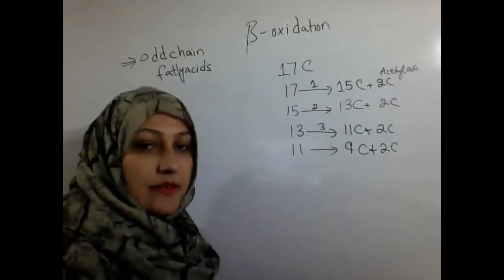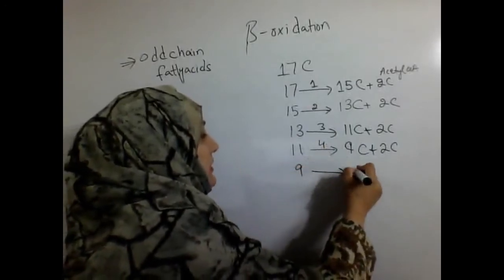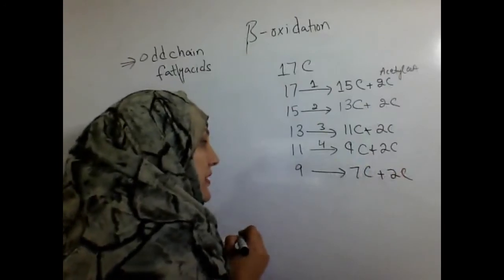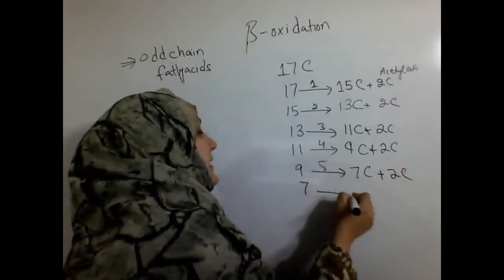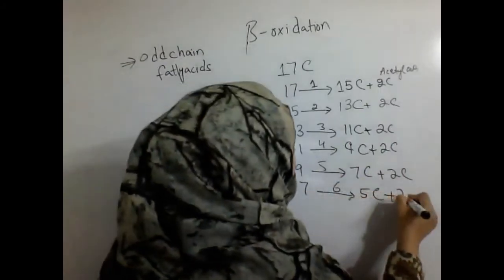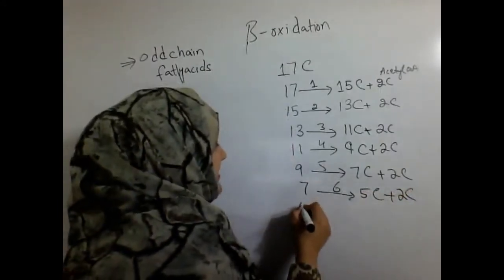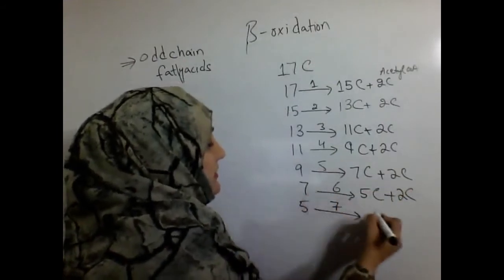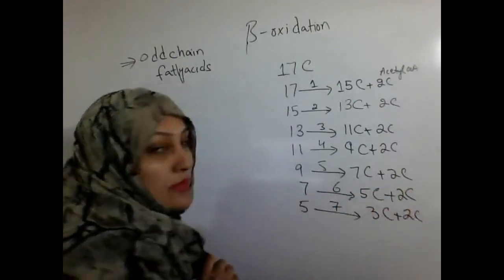In the next cycle, this 9 carbon molecule is converted into 7 carbon plus 2 carbon acetyl CoA. Then in the next cycle, this is converted into 5 carbon plus 2 carbon acetyl CoA. And then in the seventh cycle, this is converted into 3 carbon plus 2 carbon.